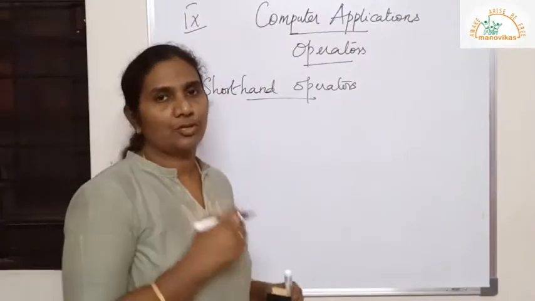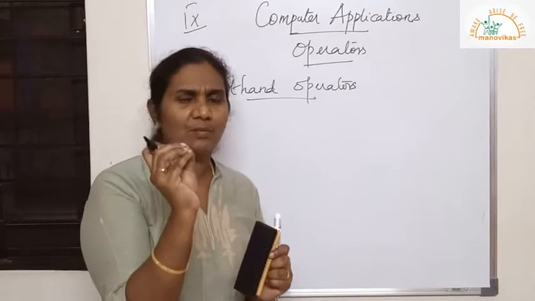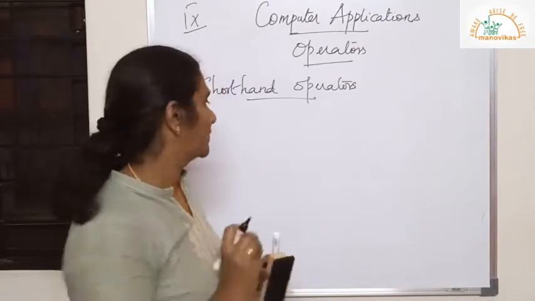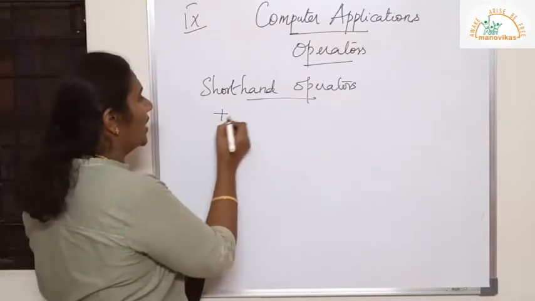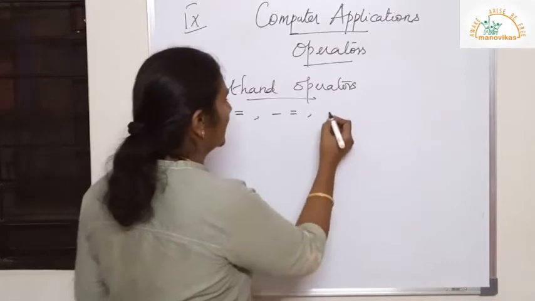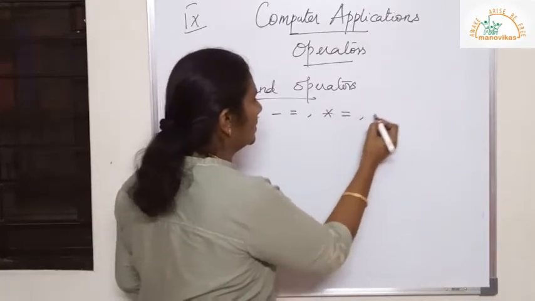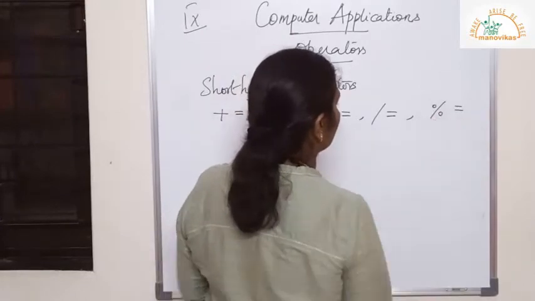The next is shorthand operators. Now this is a short form of some simple expression. So there are different shorthand operators, that is plus equal to, minus equal to, star equal to, slash equal to, and mod equal to.